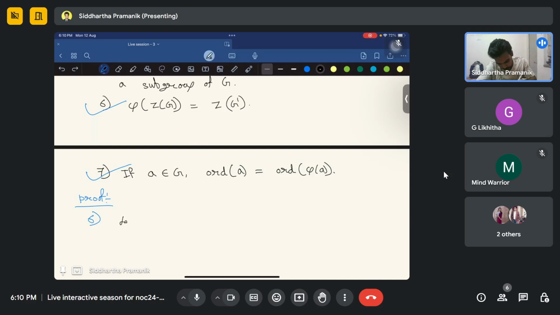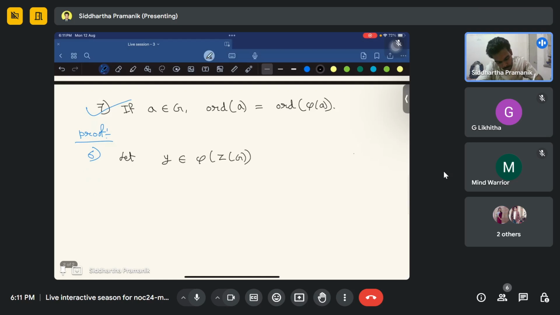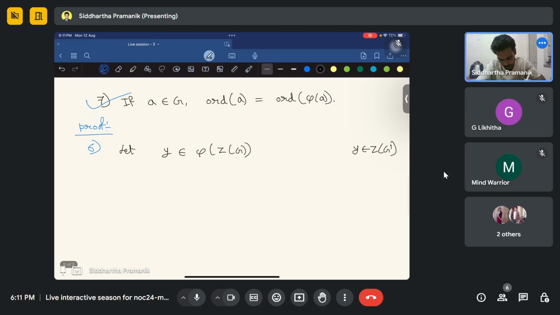So let y belong to phi of Z(G). We need to prove y belongs to Z(G prime), for one side inclusion.